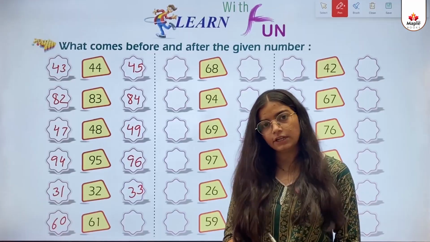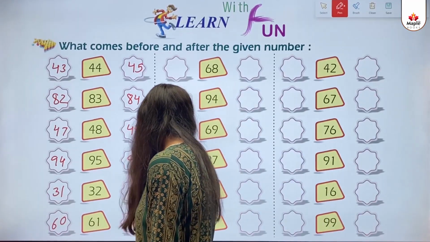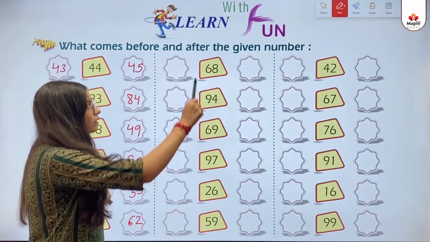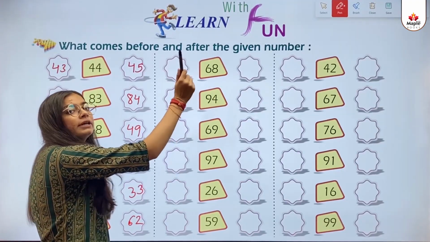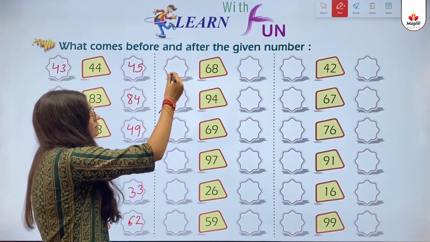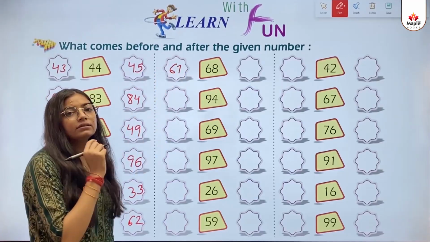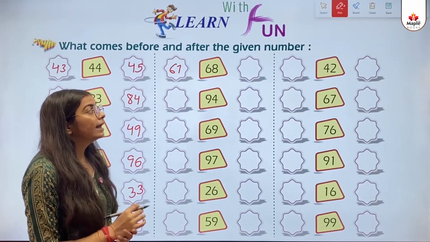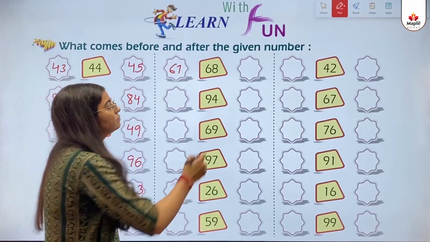That is 62. Then what comes before 68? That is 67. Then what comes after 68? That is 69.